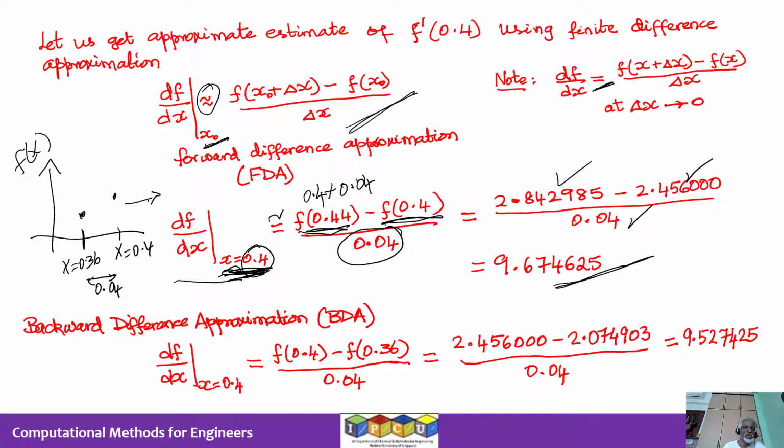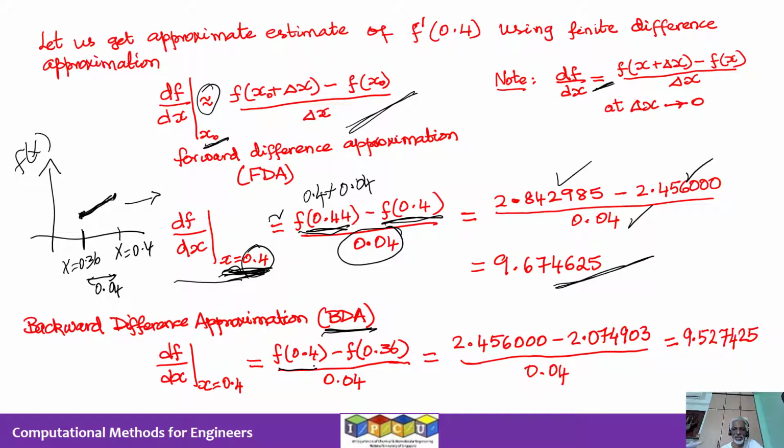That means to the left of 0.4, pick up a point, the next point there, and then assume the relationship between these two data points. The relationship is linear, and therefore I can estimate the slope of this line. So again, using backward difference approximation, which is called BDA, we get df by dx is going to be f at x naught minus f at x naught minus delta x, with delta x being 0.04 here.